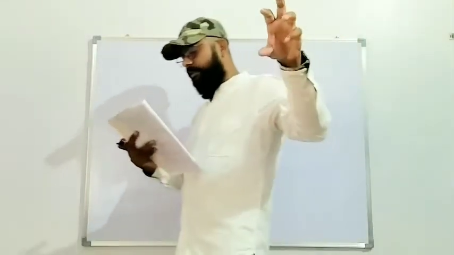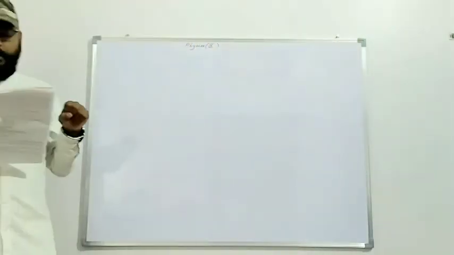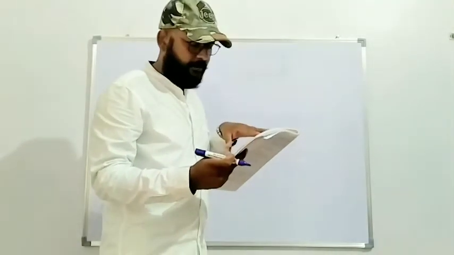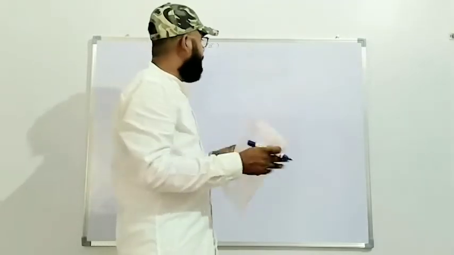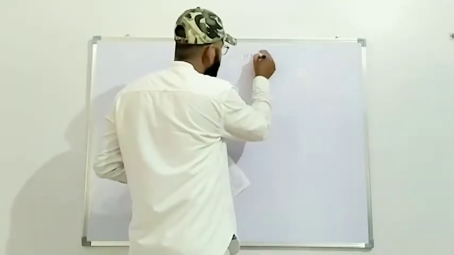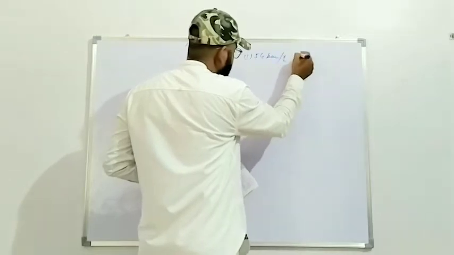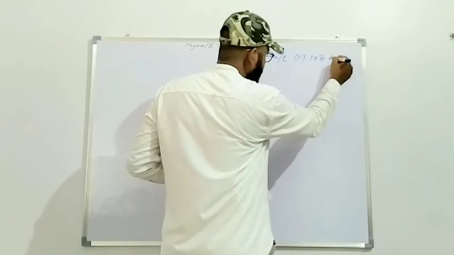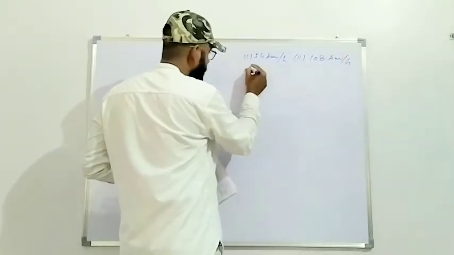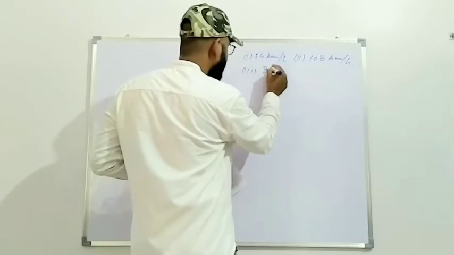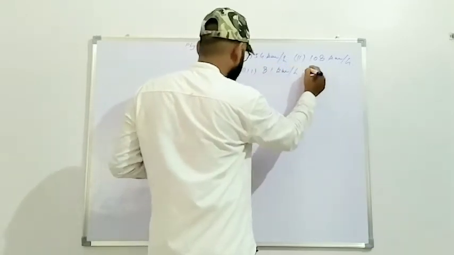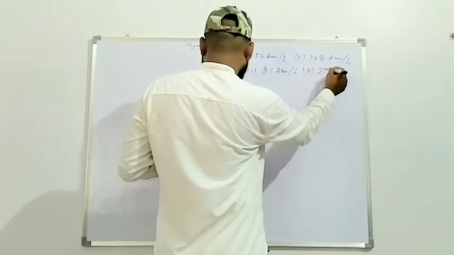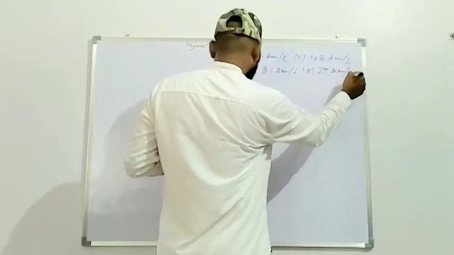Find the difference in the velocities of the car when it is at diametrically opposite points. The options are: first option 54 kilometer per hour, second option 108 kilometer per hour, third option 81 kilometer per hour, and fourth option 27 kilometer per hour.